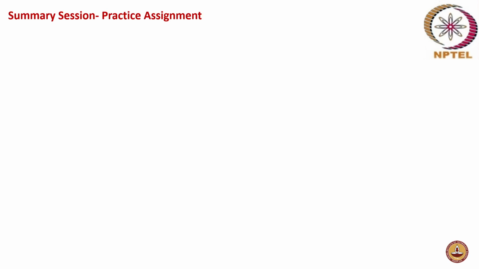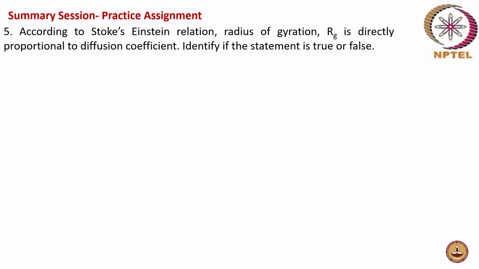Now, next. According to the Stokes-Einstein relation, radius of gyration is directly proportional to the diffusion coefficient. Identify if the statement is true. Is it directly proportional to the diffusion coefficient? True, but I'm not sure.